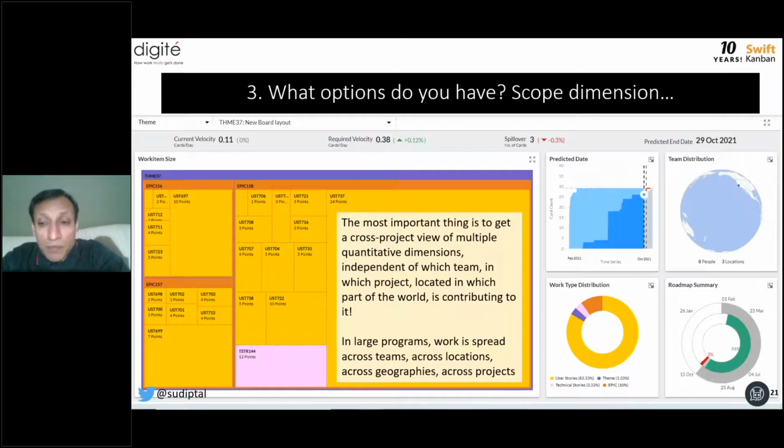So it's important to get a cross-project view, a cross-initiative view, a multi-board view, to focus on the program and see what is happening across it. It doesn't matter in which team or project. I need a view of the scope to say whether my program is on track quantitatively or whether it is not going to happen.